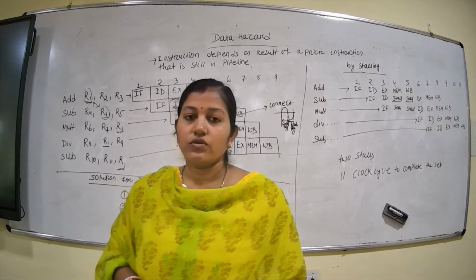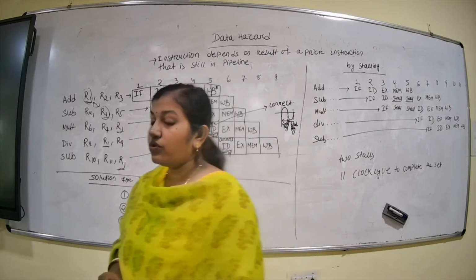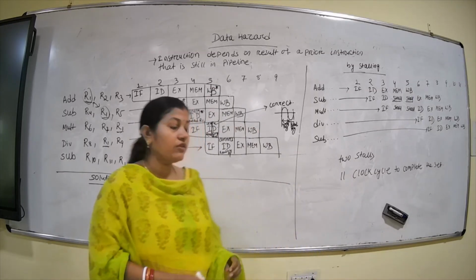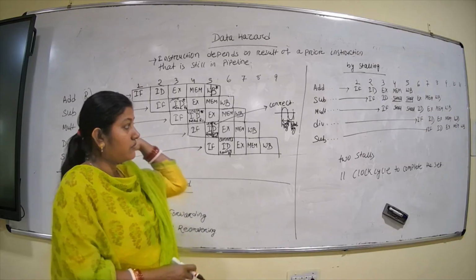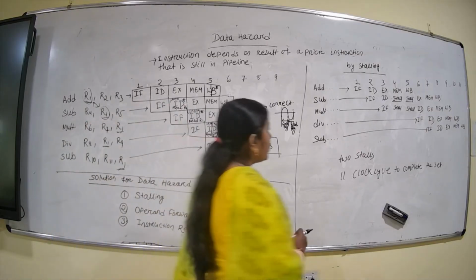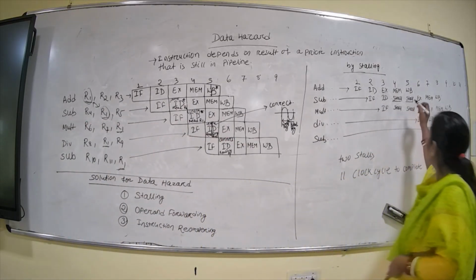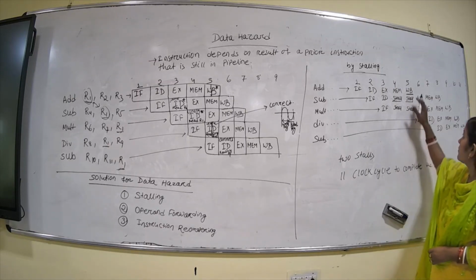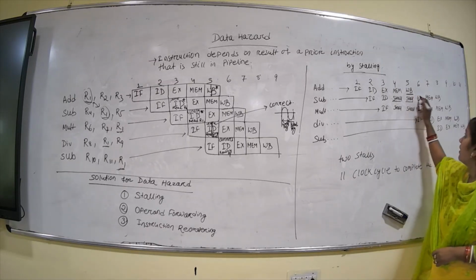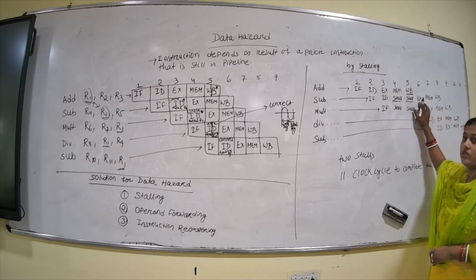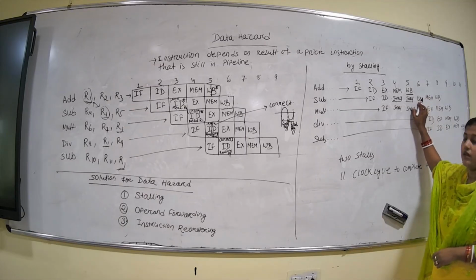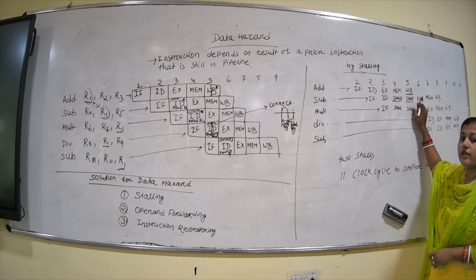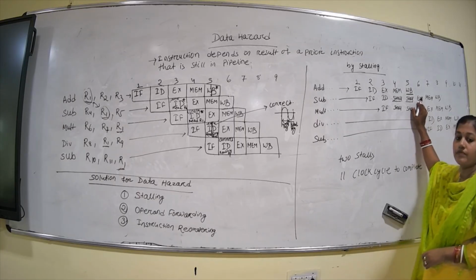When you are drawing the time phase diagram, just see where we are producing the result at write back. After that we can start execute, not before that. If you do it before that, you will get the wrong result.